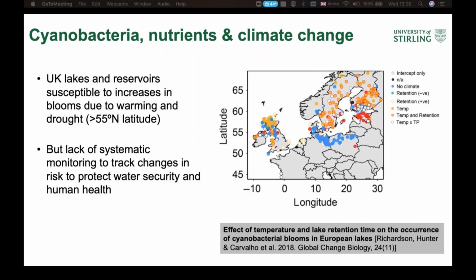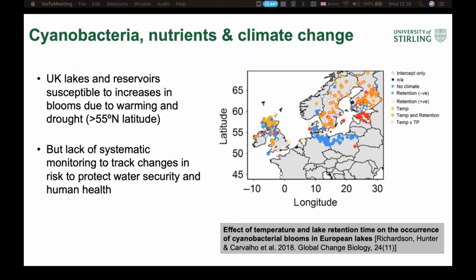We have also shown in previous research that UK lakes and reservoirs experience increases in cyanobacteria biomass due to increases in water temperature and reduced flushing. The plot here on the right is from our Global Change Biology paper, with orange circles showing lakes where both temperature and retention were found to affect cyanobacteria biomass.